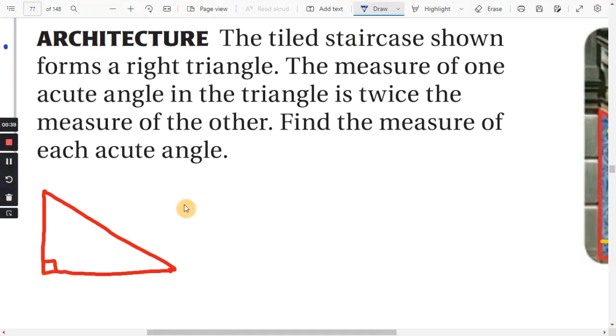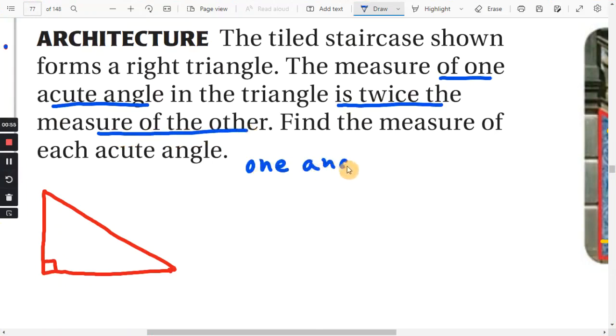Okay, so I just drew a right triangle, and it says the measure of one acute angle is twice the measure of the other. Okay, so if we let one angle equal x, and the other angle is twice as much, what's the other angle going to equal?